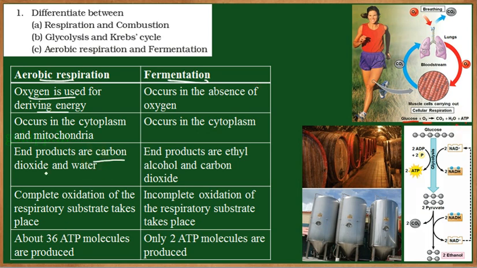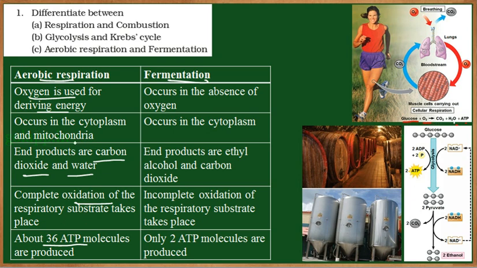So the end products are carbon dioxide and water. Totally 36 ATP molecules will be produced when one molecule of glucose is broken down. So here the glucose is completely oxidized, because we can see the end products are carbon dioxide and water. That means no other intermediate compound is formed. So glucose will be completely oxidized.